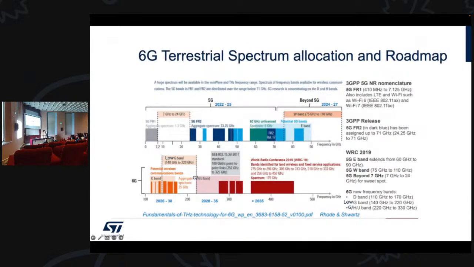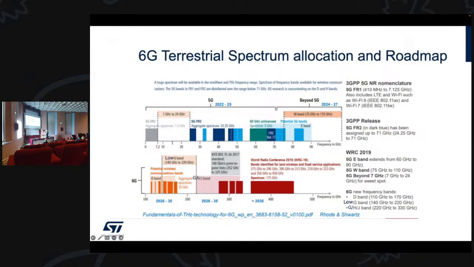And if we look at the spectrum allocation, today we have the 5G spectrum allocation from 0 to 70 gigahertz, roughly.